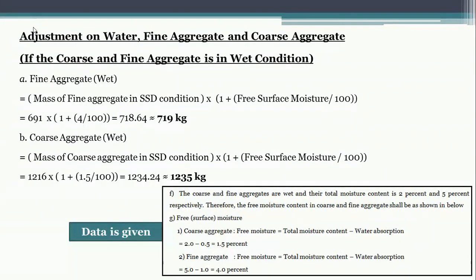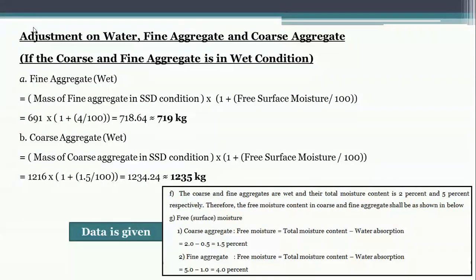So to find the mass of fine and coarse aggregate in the wet condition, we have a formula: mass of fine aggregate in SSD condition into 1 plus free surface moisture by 100, that is the percentage of free surface moisture. So 691 was the mass of fine aggregate in SSD condition into 1 plus free moisture. You can see at the bottom, for fine aggregate we have calculated 4%.